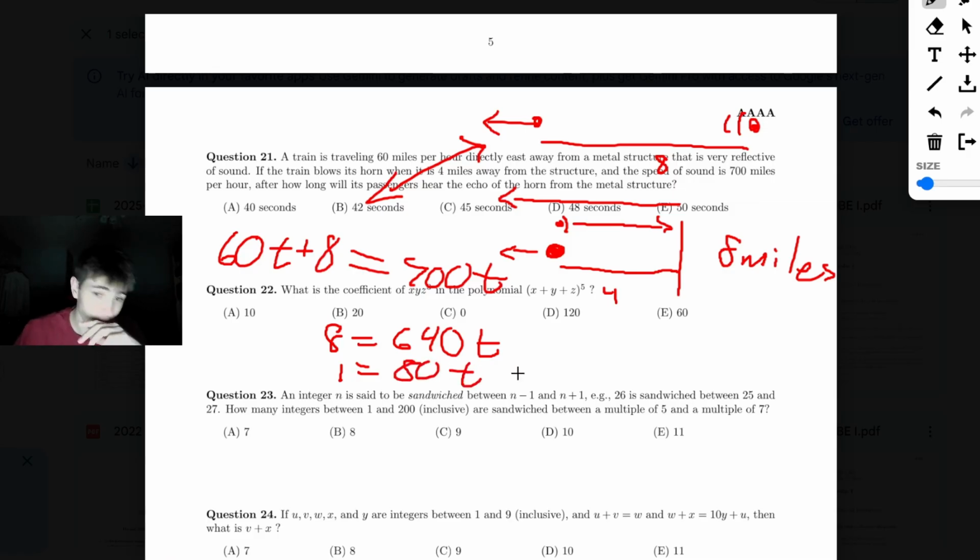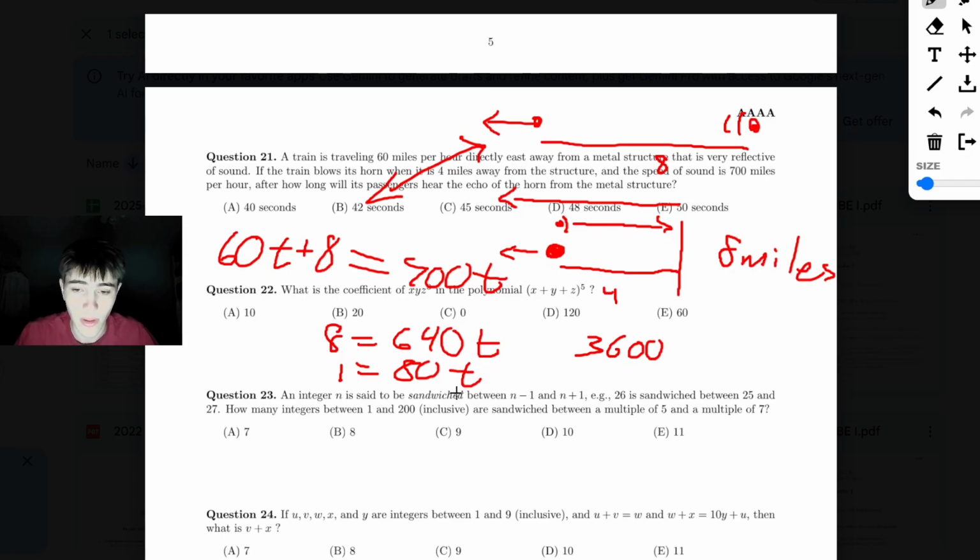But then you might realize, what's going on here? All of our answers are like 40 seconds, 42 seconds, 45 seconds. We're going to get t equals 1 over 80, but t is in hours, which is 3600 seconds.